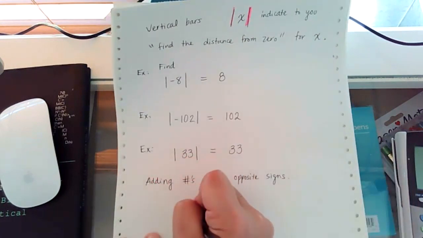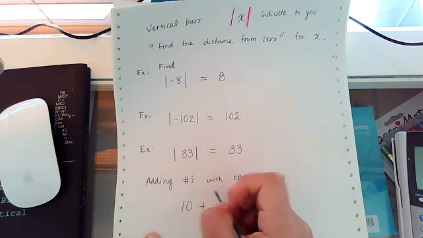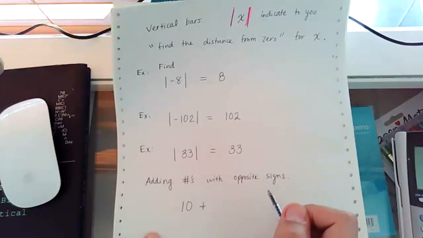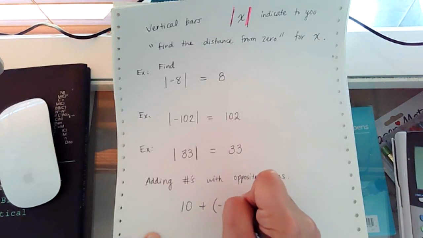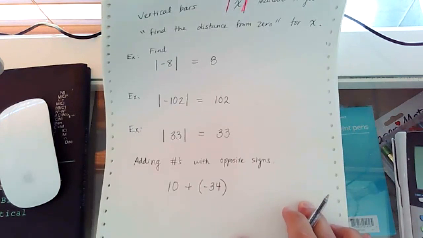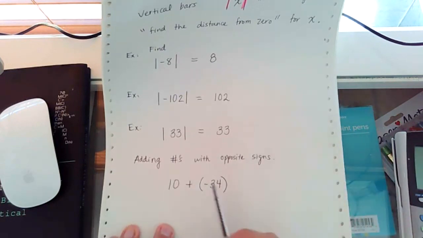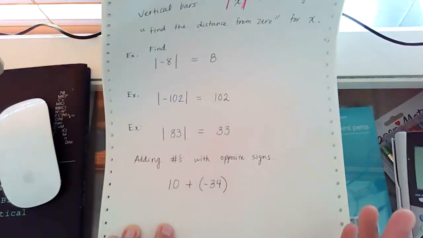Let's say that we had 10 plus -34. Well, there's a couple of ways you could tackle this. One way is that you could say, okay, if I have $10 and I have -$34 of debt, you could interpret it that way and say that I should have -$24 in total.